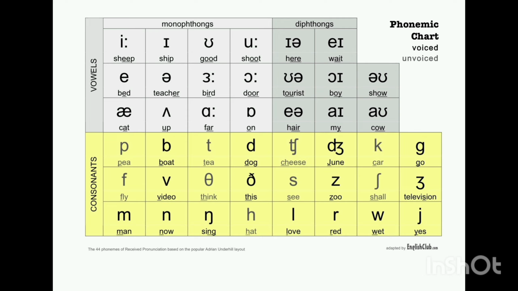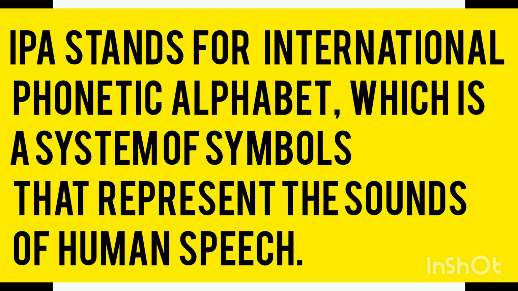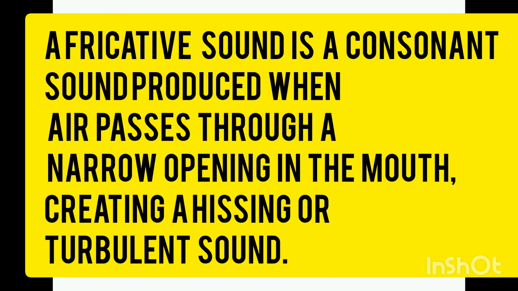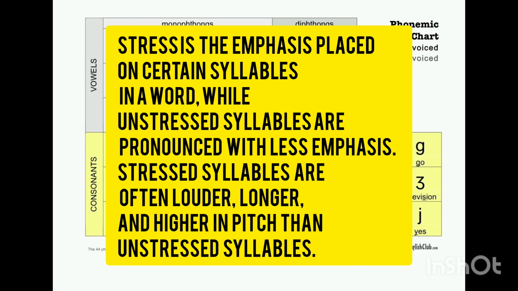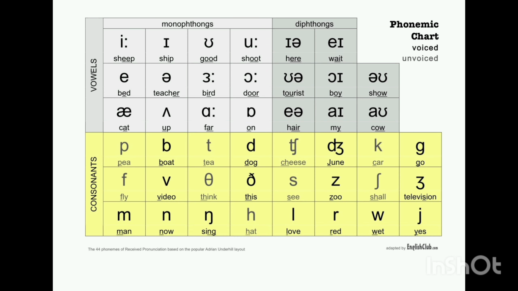There is a specific determined IPA chart we find in the linguistics subject, and this IPA chart helps you understand the symbols and the sounds of those symbols, what kind of sound they create when they are included in a word.